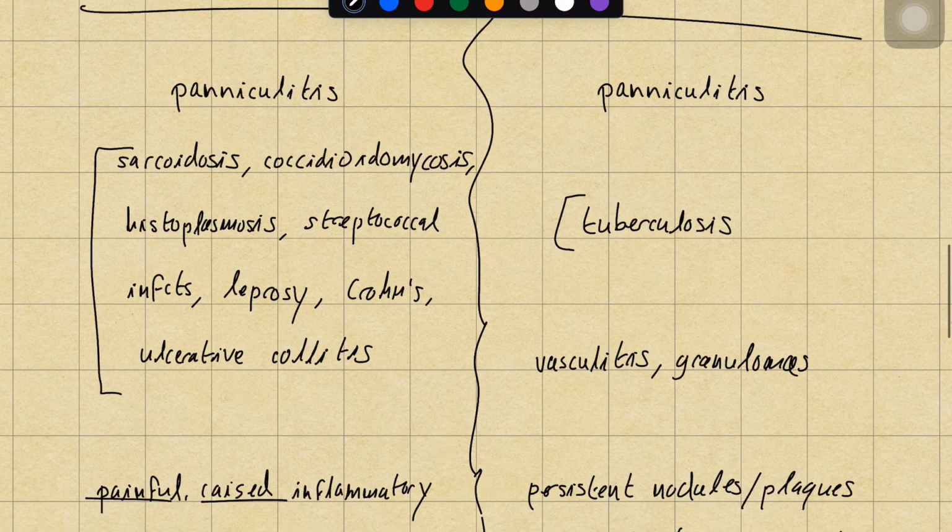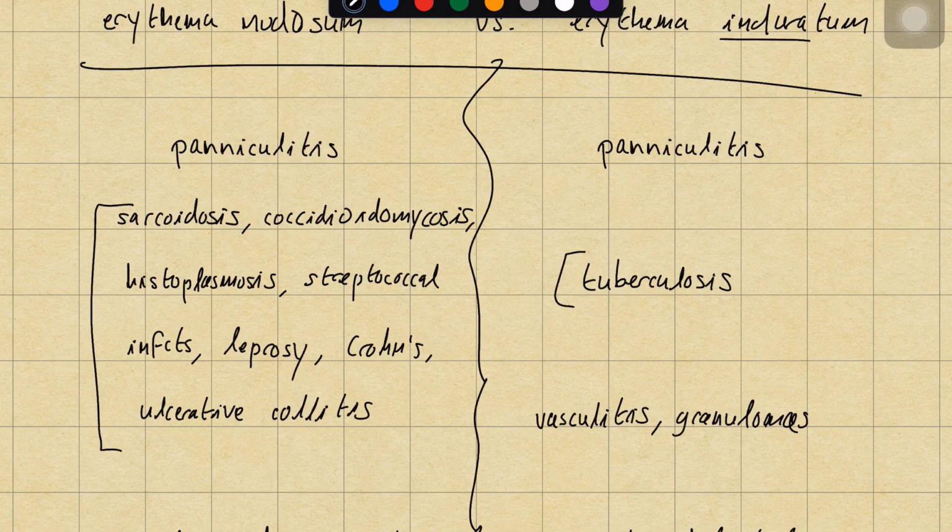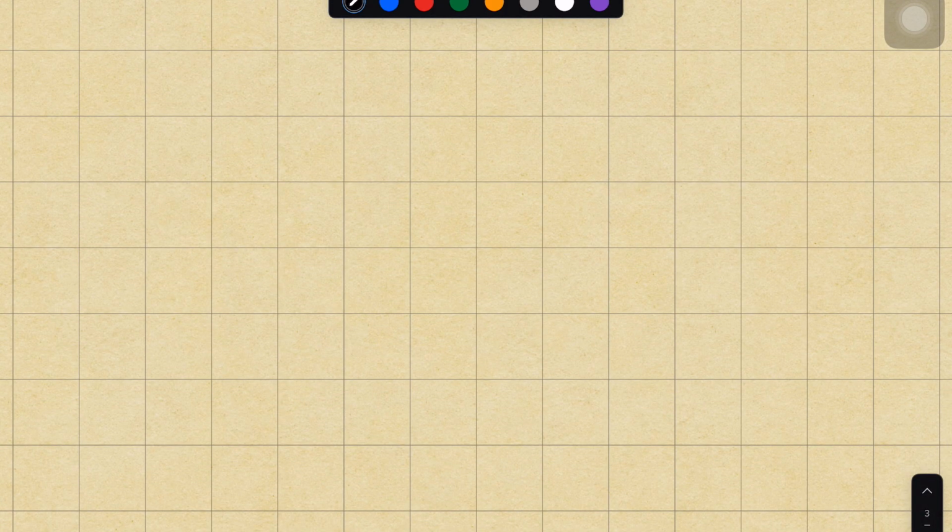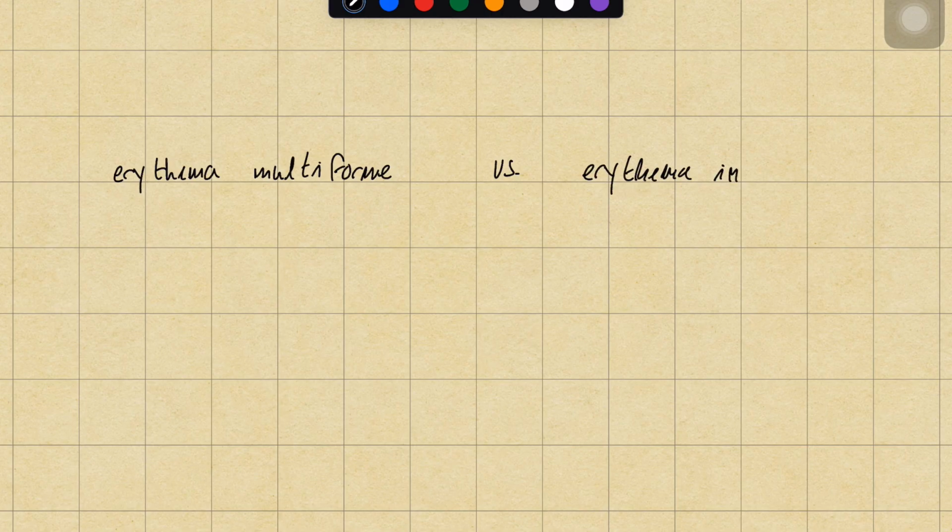Okay, now that we've covered the two types of panniculitis, let's cover the next two: erythema multiforme versus erythema infectiosum, also known as fifth disease.